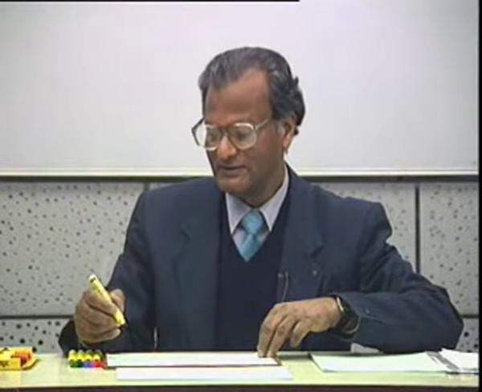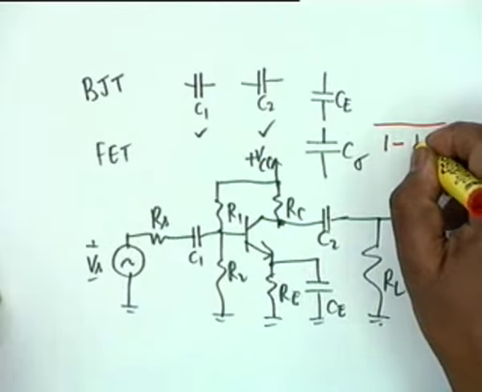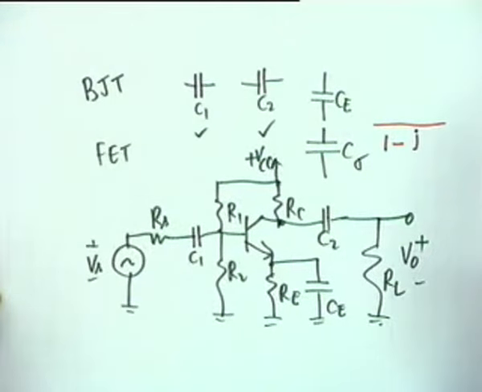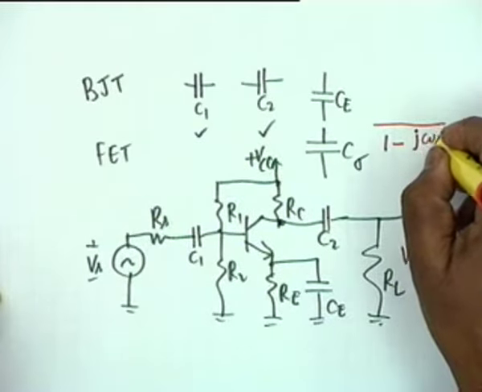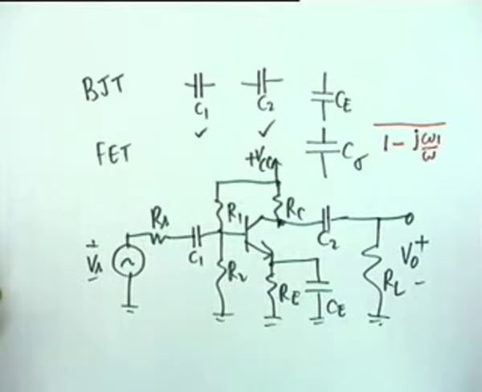High pass effect means that in the denominator we expect a term like 1 minus j. Is it omega by omega 1 or omega 1 by omega? No, it is omega 1 by omega. At DC, when omega is 0, it should be 0. Isn't that right? High pass filter. I did this at the beginning of this discussion.